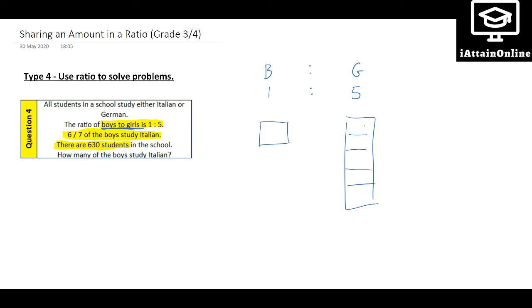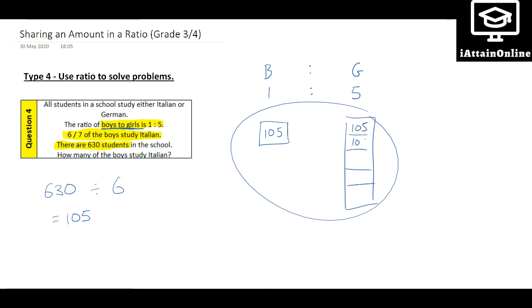Okay, so there are 630 students in the whole school. So that tells me all 6 of these boxes, which are worth the same amount, have to add up to 630. So there are 630 students, and I'm dividing that by 6 boxes. So if I did 630 divided by 6, that tells me that every 1 box is worth 105 pupils.